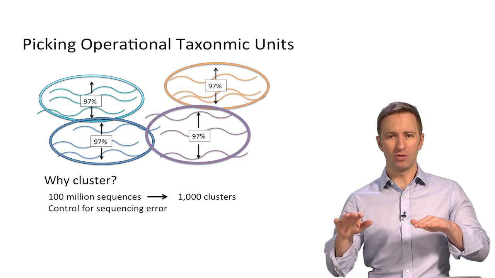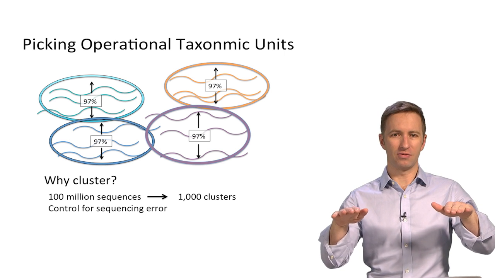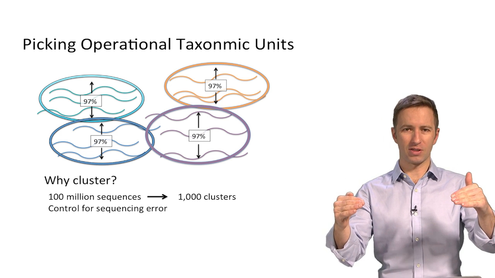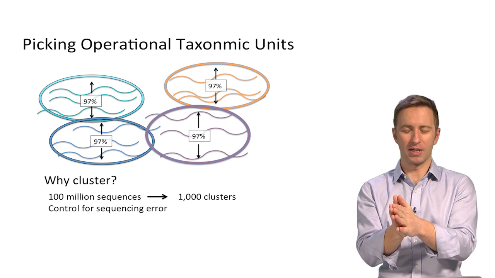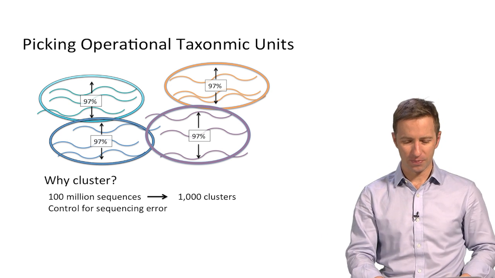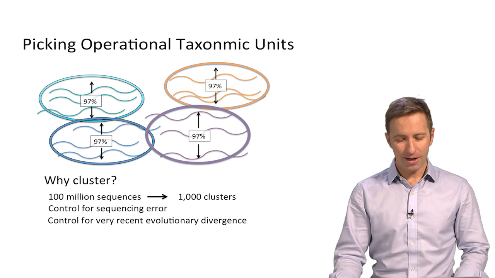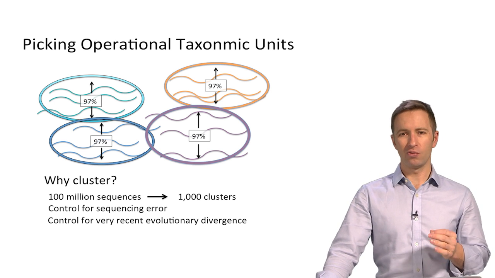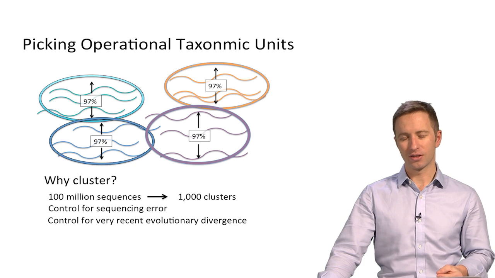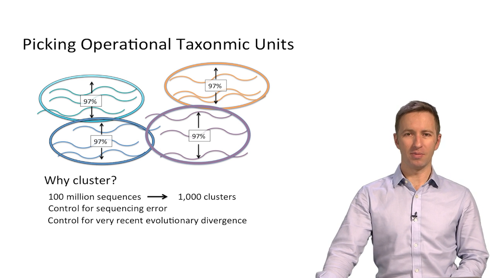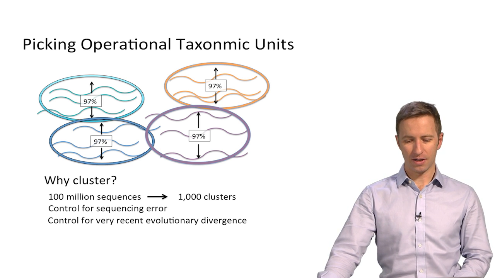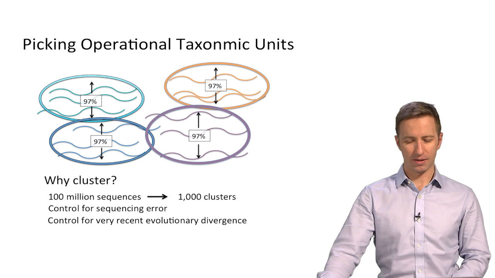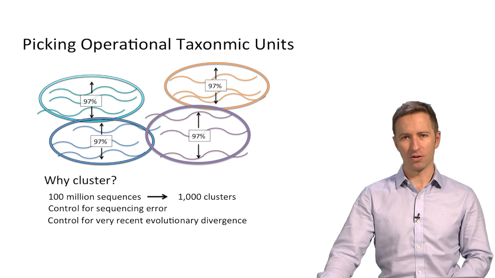So if we have two sequences that are different because of sequencing error, we don't want to consider them separate species. We want to group them into the same bin and count them as one feature. And we're also controlling for very recent evolutionary divergence. And this is a much more debatable part of the process, which is discussed in detail in another video.